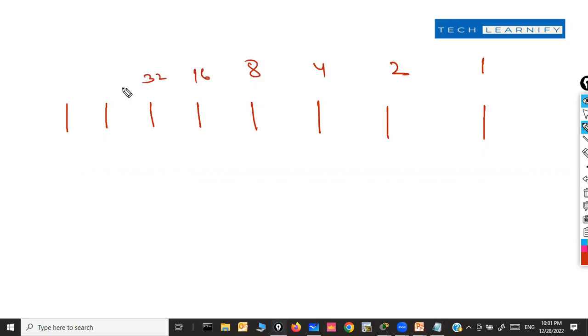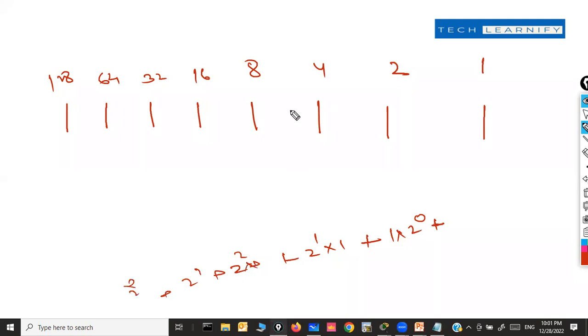16 32 64 128. Basically the concept here is that this number is 2 raised to the power 0 multiplied with 1, plus this one, 2 raised to the power 1 multiplied with 1, and then 2 raised to the power 2 plus 2 raised to the power 3, like this, and then multiplied with the number.